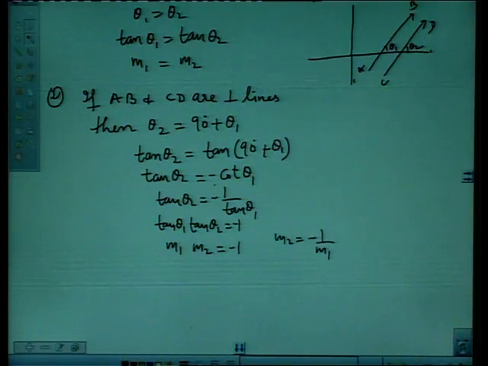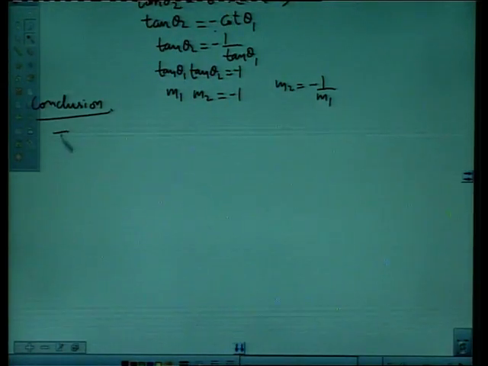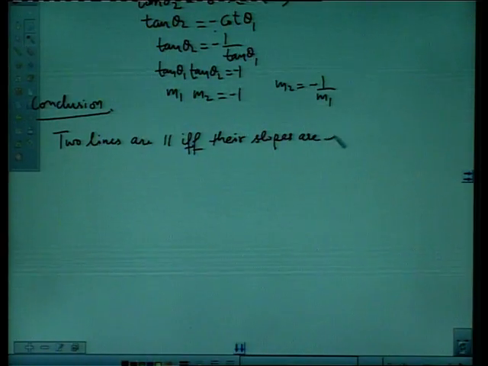Now what do we conclude? Conclusion is, number 1, two lines are parallel if and only if their slopes are equal.